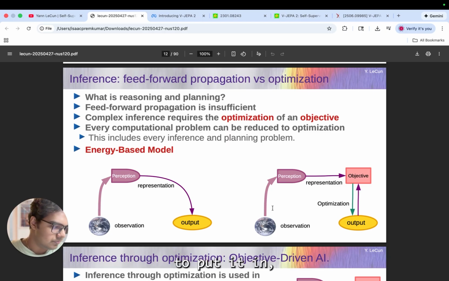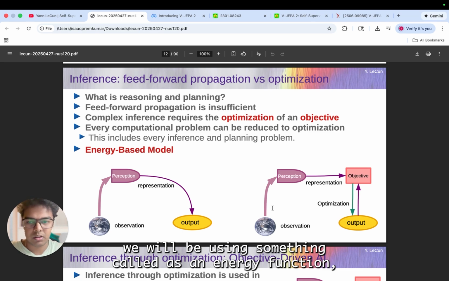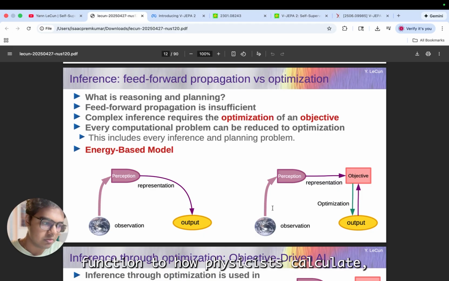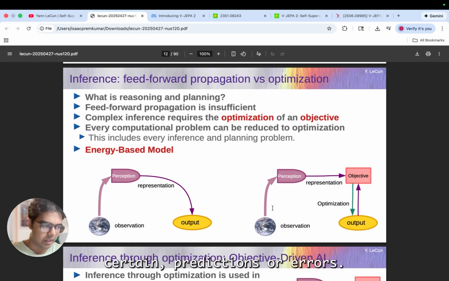To put it in simple words, it's more about optimizing till you get the correct answer, and for the optimization part we will be using something called an energy function, which is similar to how physicists calculate certain predictions or errors.